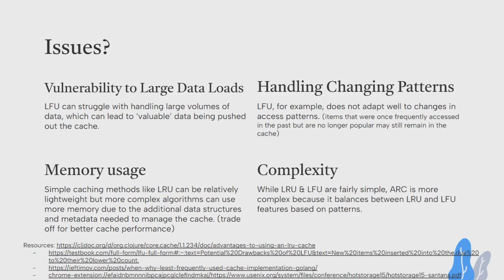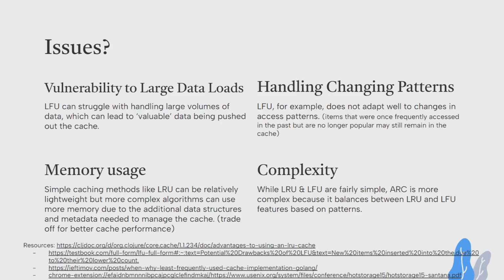Some of the issues that we thought of were vulnerabilities to large data loads, where LFU can struggle with handling a large volume of data. Another issue we ran into is handling changing patterns, as LFU doesn't adapt well to changes in access patterns. Another one is memory usage.